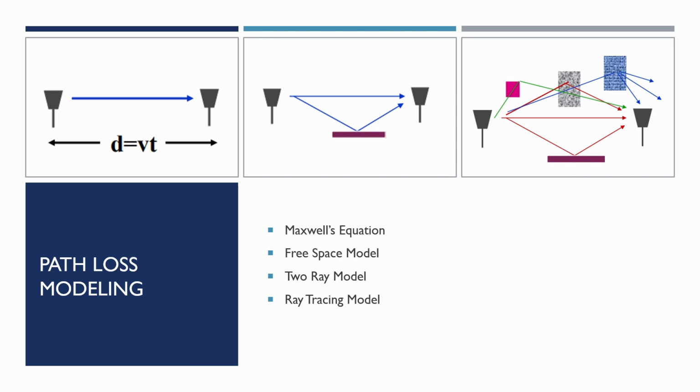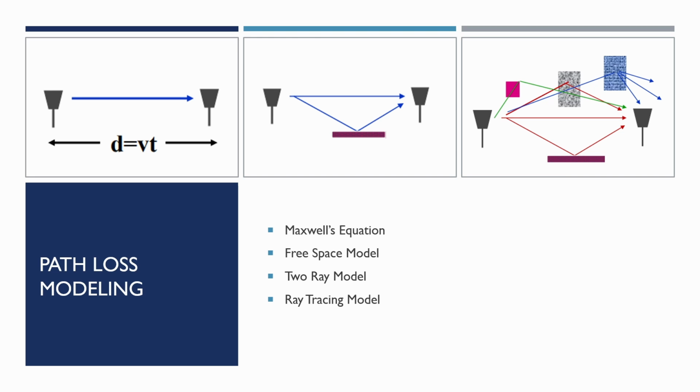We need a model that is easier to use, such as a free space model, a two-ray model, and other models, in this case a ray tracing model.